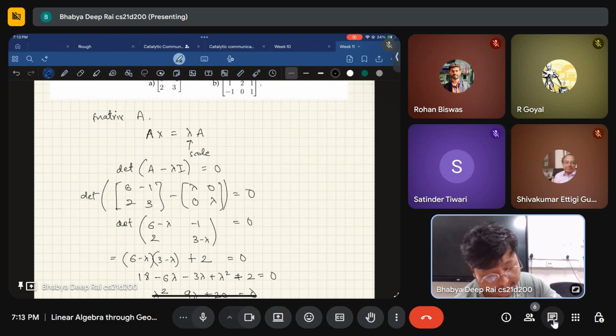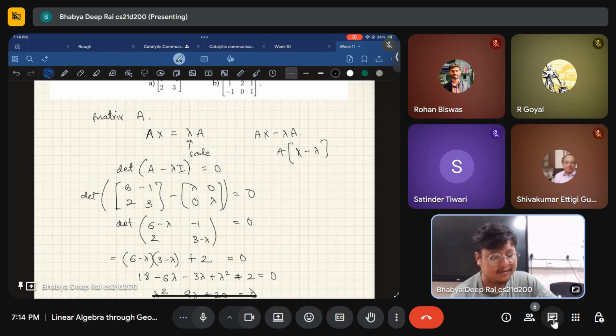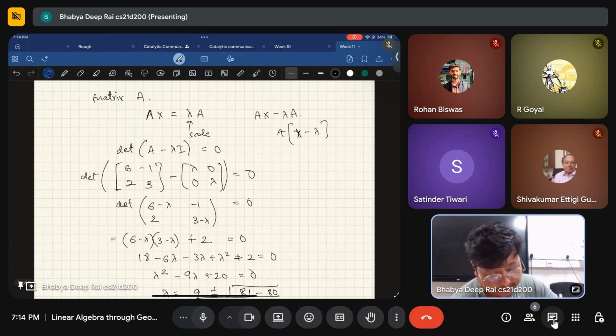Or you can actually do A minus lambda applied to x.